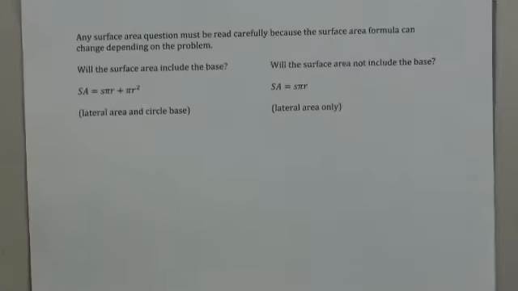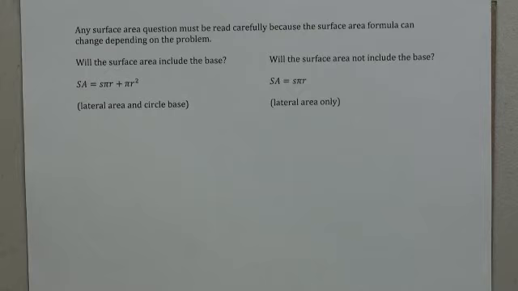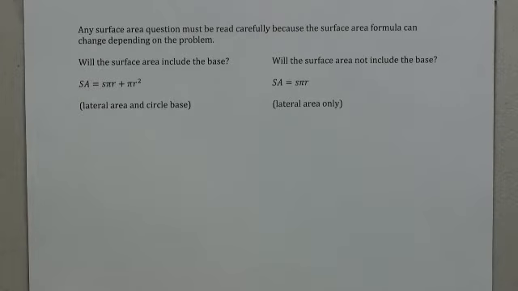Turn this over. Any surface area question must be read carefully because the surface area formula can change depending on the problem. Remember the cylinder? Sometimes the cylinder can be open, sometimes it's shut. Well, the cone can have a base, and it also could be open and not have a base. It says, will the surface area include the base? If it does, then it's the formula we just talked about.